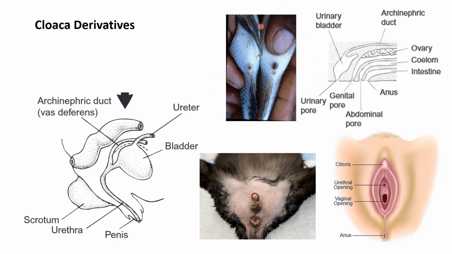In teleosts, the three systems each have separate openings, with the anus leading anteriorly. In eutherian mammals, the feces go out of the anus, but the urogenital stuff still goes together through a common urogenital sinus.